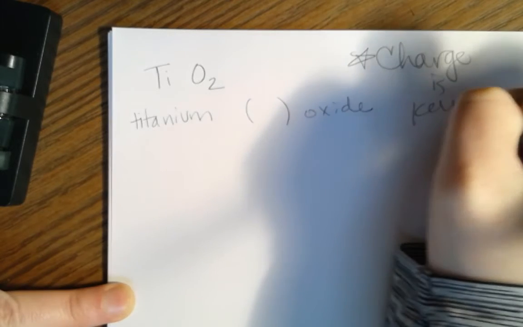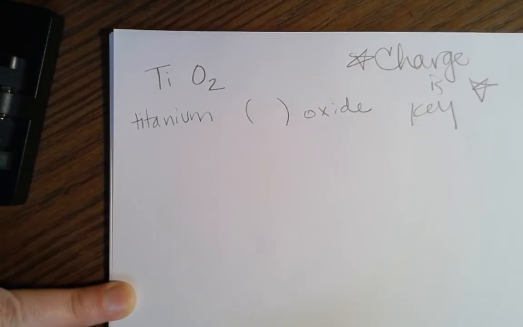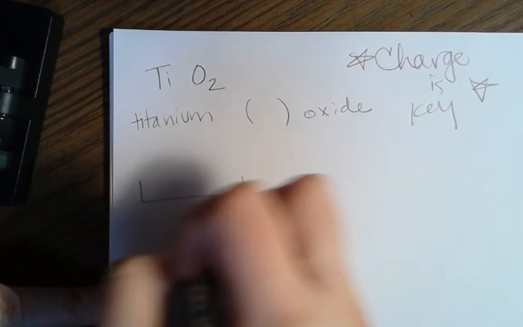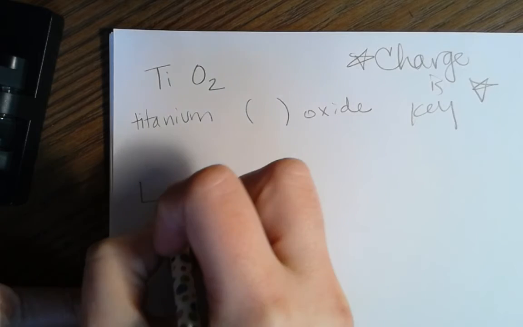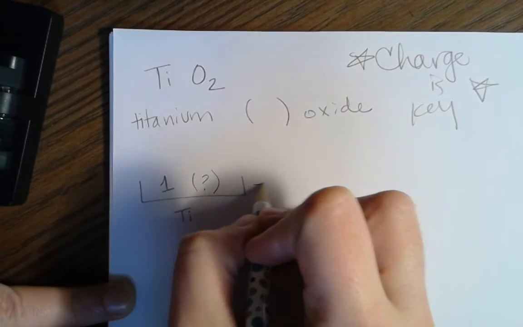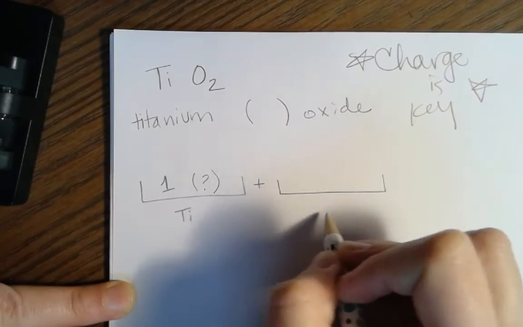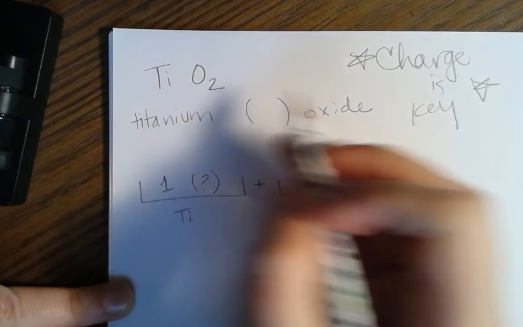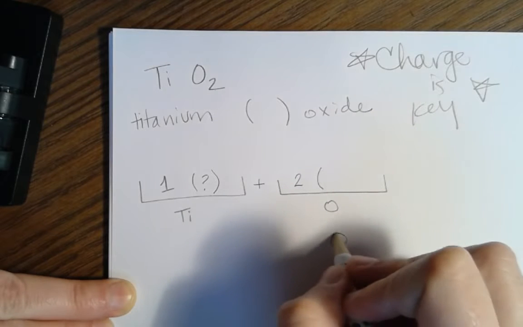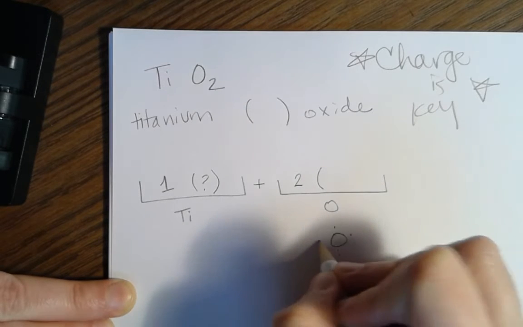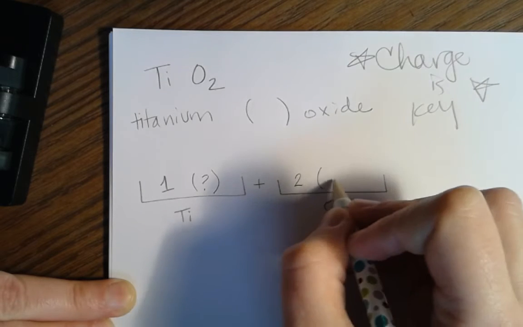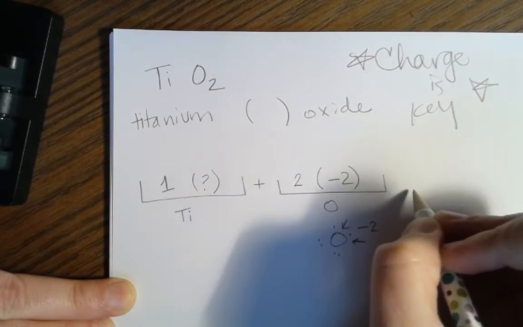So let's find the charge. Titanium, we have 1 titanium with an unknown charge. Here's our oxygen. We have 2 oxygens, and each oxygen starts with 6 valence electrons, gains 2 more for a charge of -2, so each oxygen ion has a charge of -2.